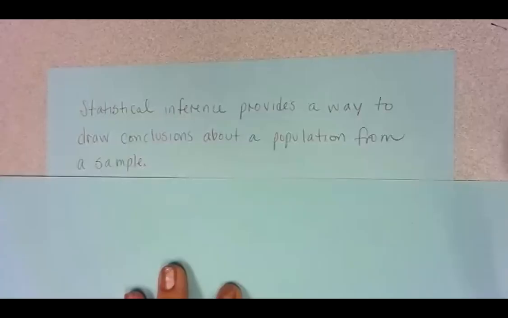That brings us to the topic of confidence intervals. So confidence intervals are what we consider statistical inference. An inference is pretty much an educated guess. Statistical inference provides a way to draw conclusions about a population from a sample.